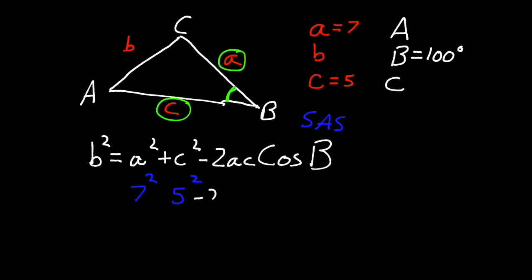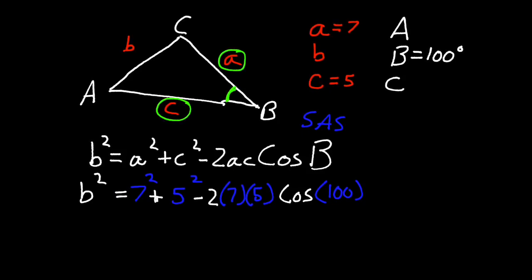We are subtracting 2 times A, which was 7, times C, which is 5. And then we've got the cosine of 100. Okay, these are being added, and all of this is equal to B squared.